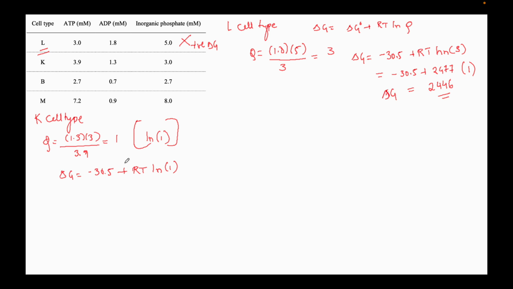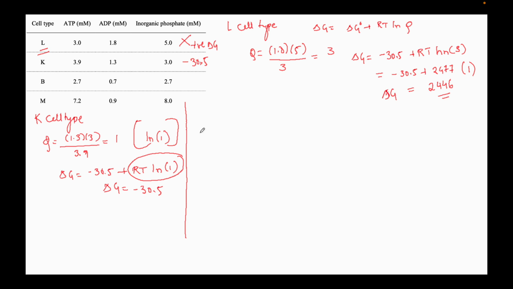This is very simple mathematics. Natural log of 1 is what? Yes, it is 0. So this whole term will be 0 by default, and we'll be left with delta G equal to minus 30.5.